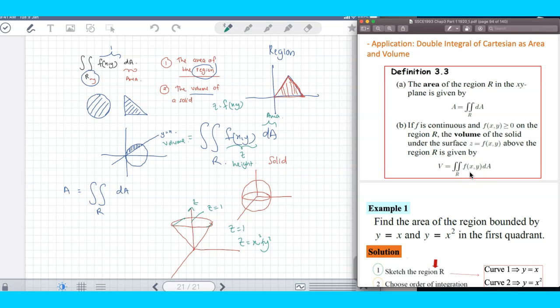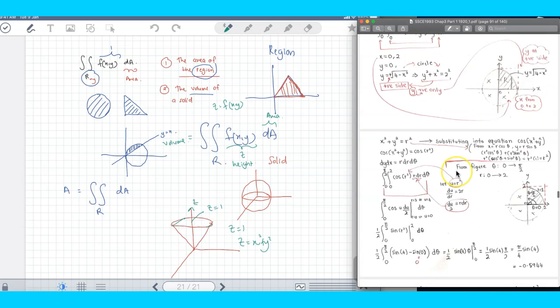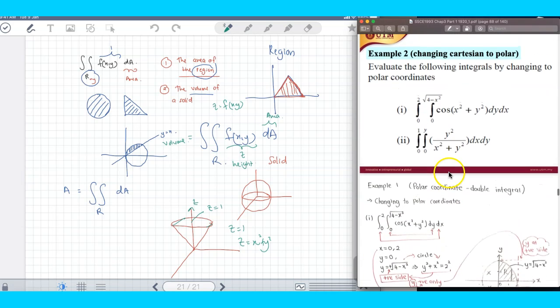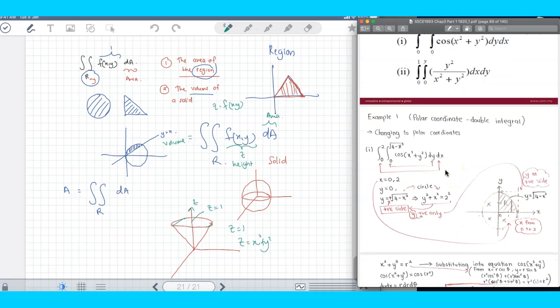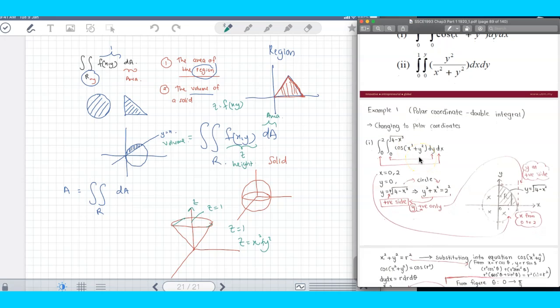I will show you how we can find it, because normally in the last examples or calculations, the f was given, right? In those calculations we were not computing the volume, we just calculated the double integral. But if they ask you to evaluate the volume, they must give you the equations or functions related to the solid.